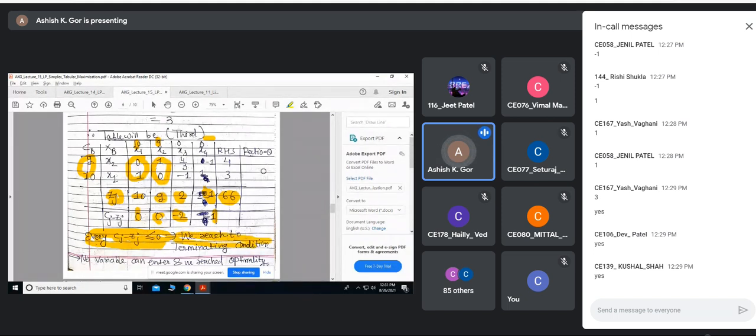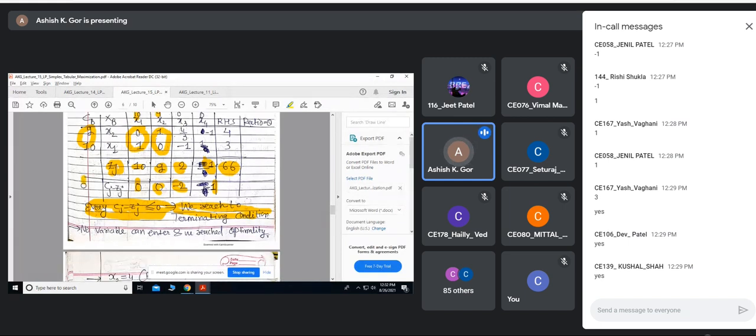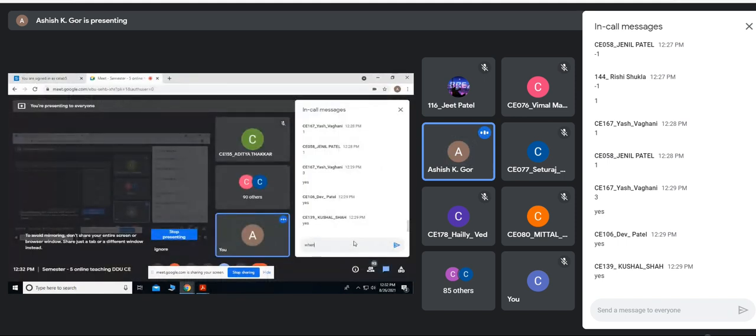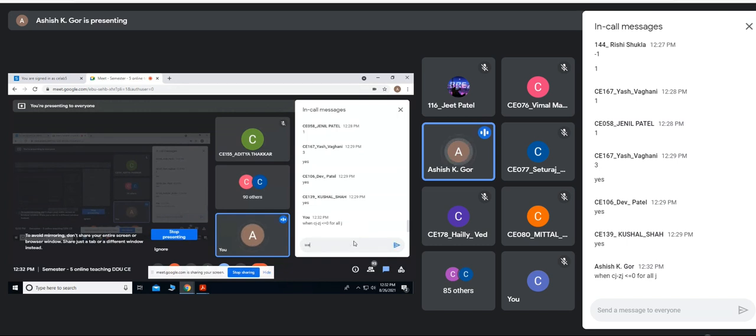And now I cannot enter any variable because it is negative, and even if I enter, there is no benefit out of it. So this is a terminating criteria: remember, when Cj minus Zj is less than or equal to 0 for all j, we reach the solution.